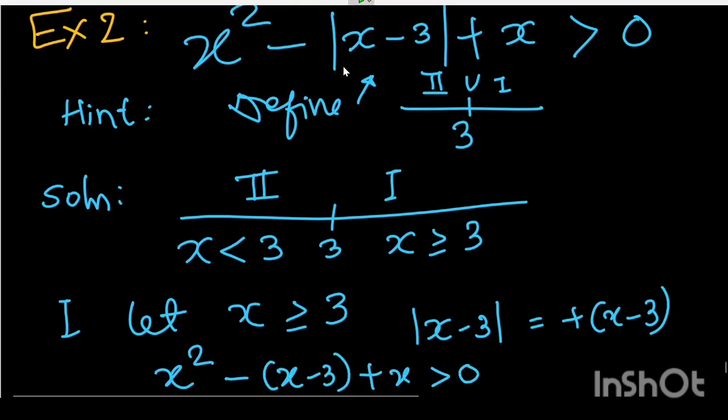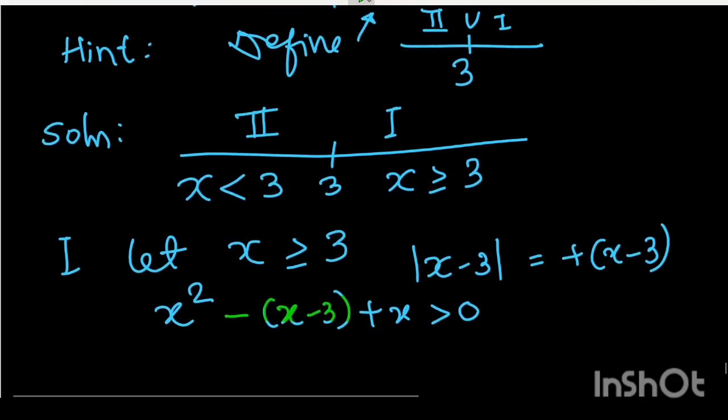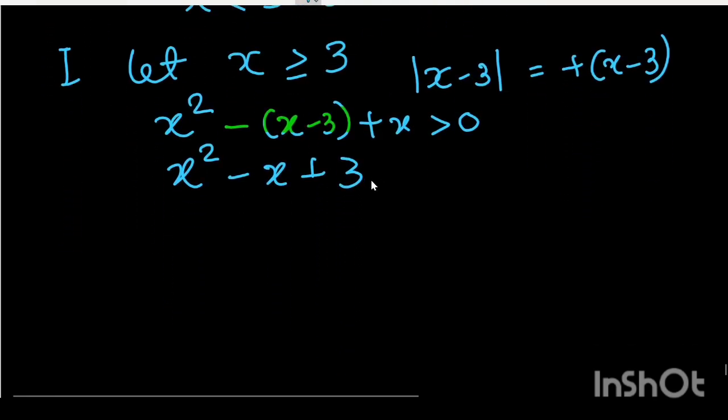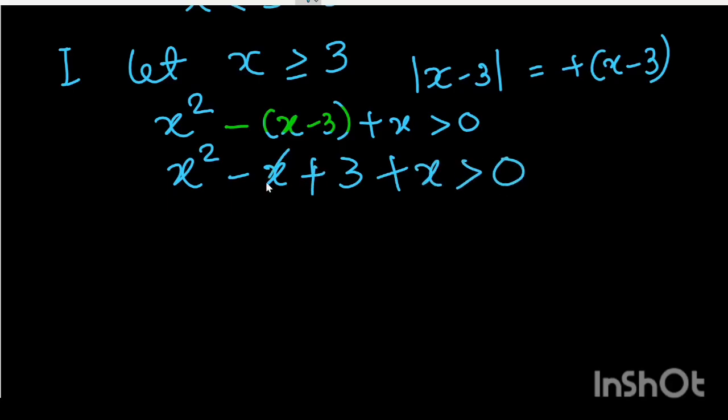Here, as you can see, the mod is replaced by a plus sign, so the minus which was there is intact here also. So now solving this, x square minus x plus 3 plus x greater than 0.